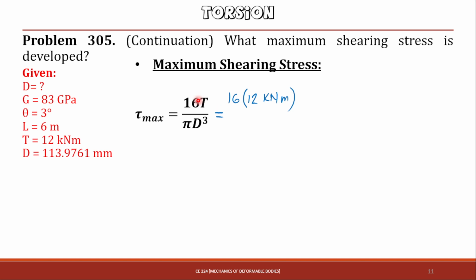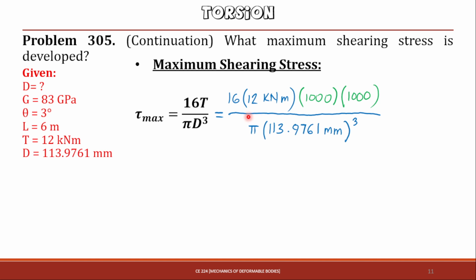So we have 16 tapos yung torque na 12 kilonewton-meter. Again, convert natin into newton, convert natin into millimeters, kaya multiply ko ng dalawang 1,000, all over pi tapos yung diameter na 113.9761 millimeter cubed. Okay? So ito yung naka-store dapat.